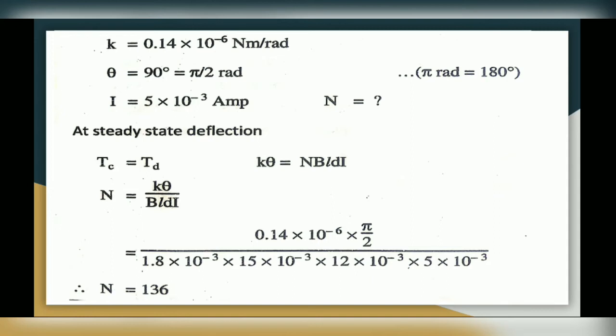By putting these values, you get the final answer, N equals 136. So the number of turns is 136. There is no unit for number of turns, so you can write N equals 136 only.